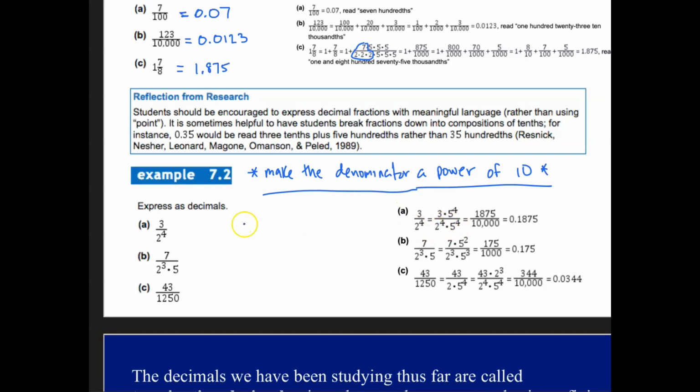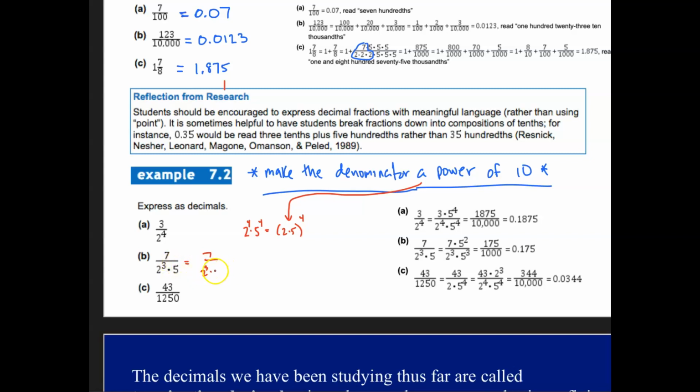Something you have to recall from your rules of exponents is that we end up with 2 to the power of 4 times 5 to the power of 4. Notice that there's a 10 in there. That's the same as this. So there's my power of 10 right in here. So you can see, if I want this to be a power of 10 without looking at the answer over there, I need this to be 5 to the power of 3 also.